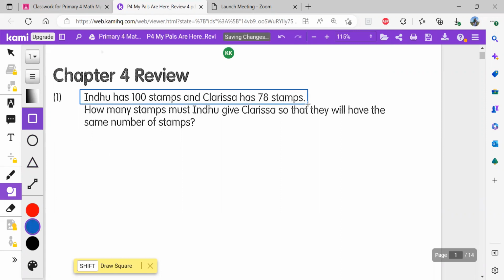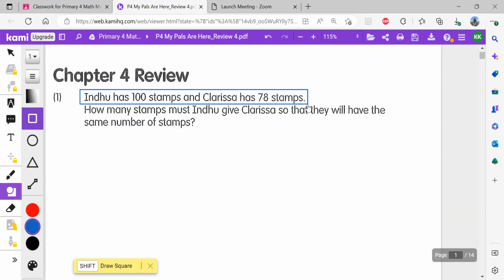Now, are we able to turn this sentence into a model? Yes, we can. All right, why we can? Usually when we draw model, we want to start with the sentence that tells us who has more and who has less. We want to start with the sentence that shows us a comparison.